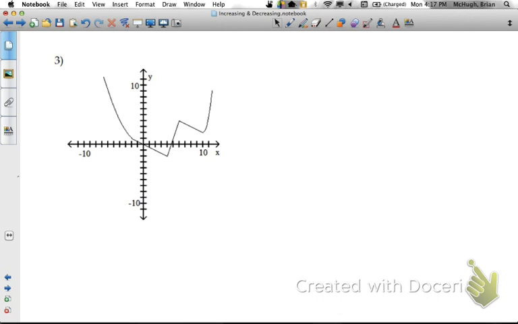Last example here, we've got a minimum right here that looks like 4, -2. That's a minimum. All right, we're going to check to see, this graph goes up there, it goes up there. This is an example of an absolute minimum. At no point will this function ever be lower than that point 4, -2.